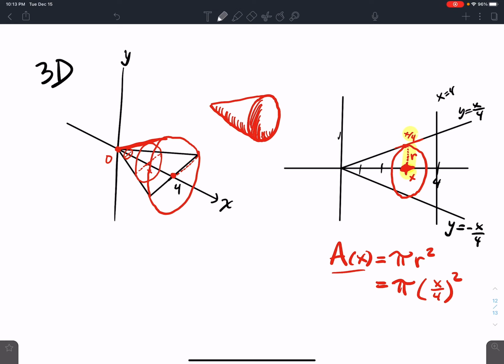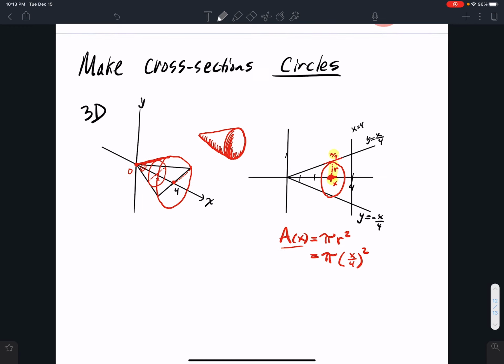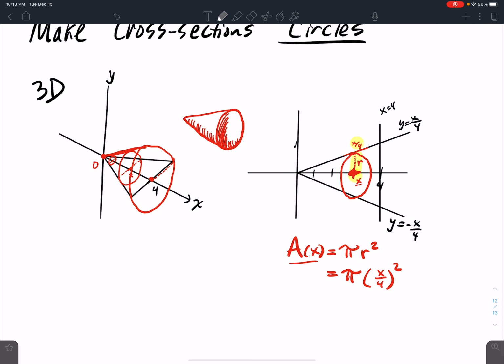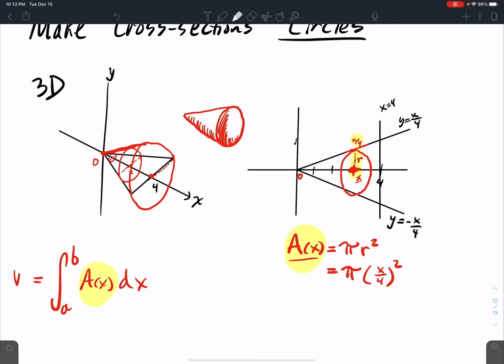Okay, so that's the exact radius for some arbitrary x value. Okay, and so what do we do? We sum from a to b to get the volume, the integral of A of x dx. Really, the hardest part of these problems is coming up with a formula for your area.